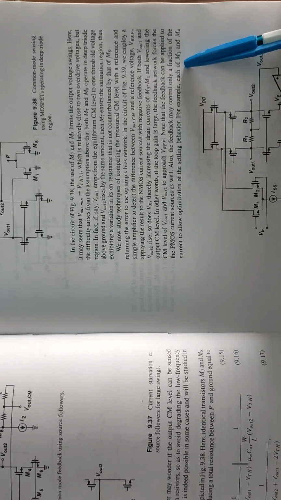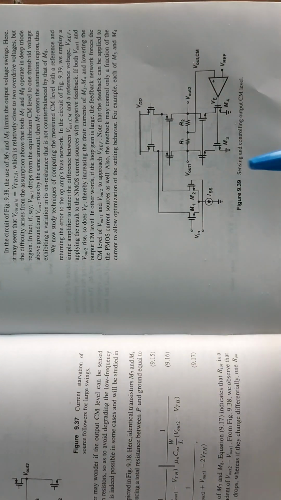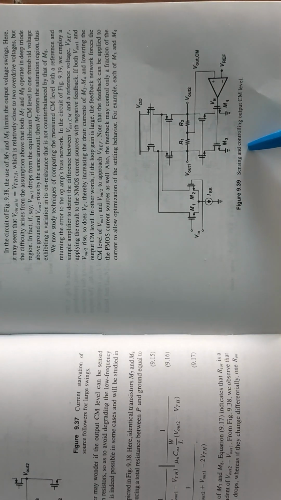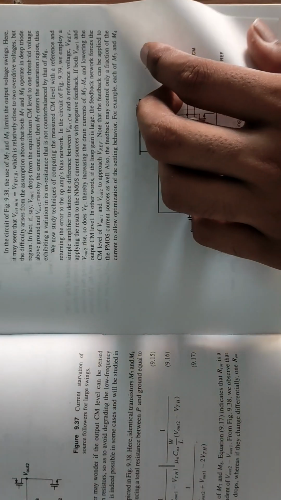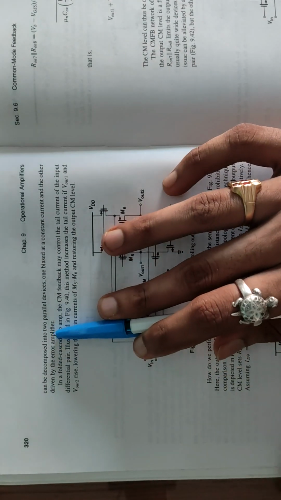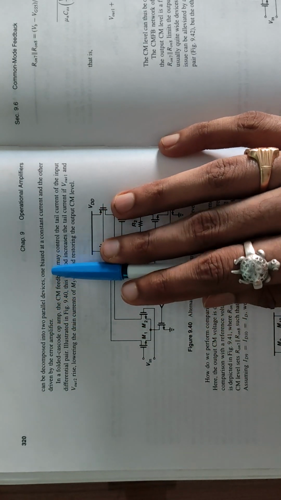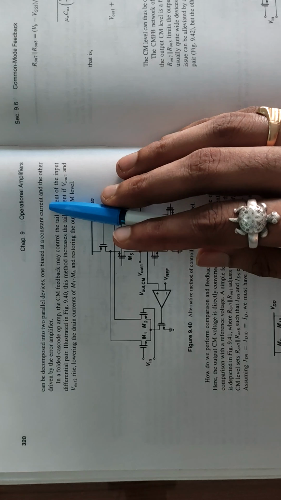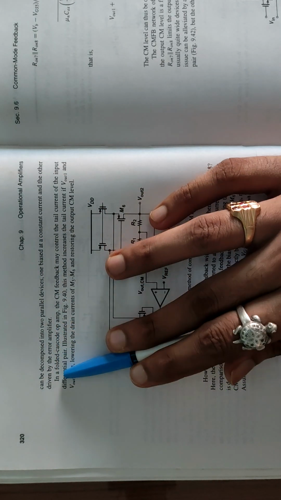For example, each of M3 and M4, here you can see in this figure sensing and controlling output CM level, can be decomposed into two parallel devices, one biased at a constant current and the other driven by the error amplifier.